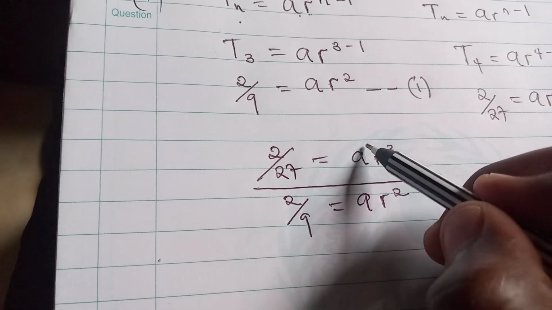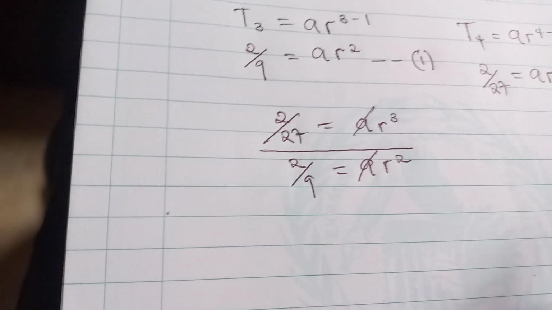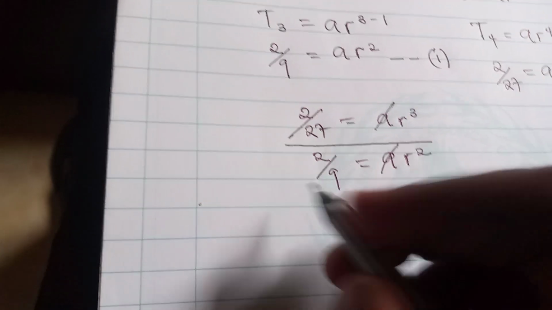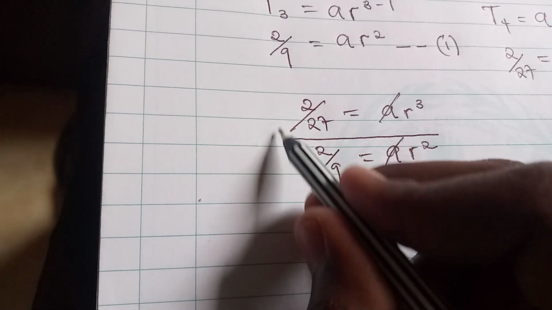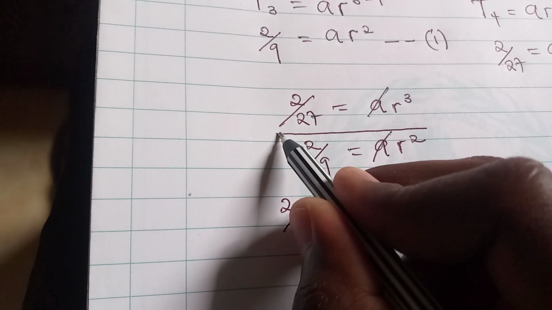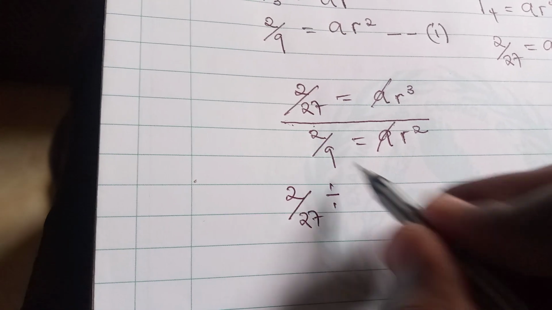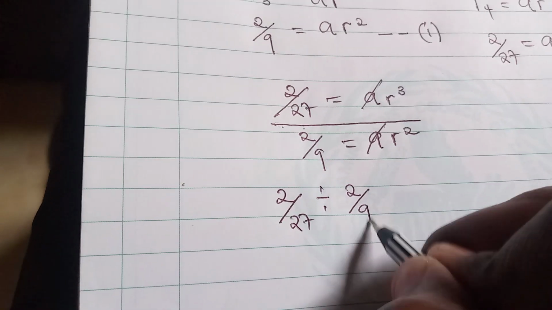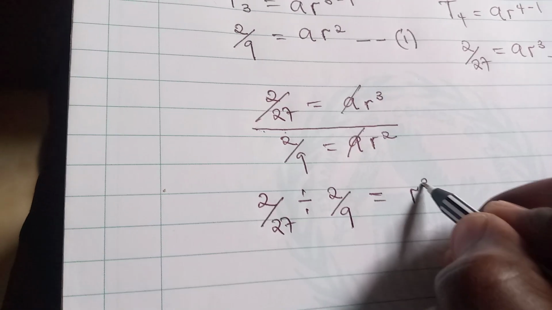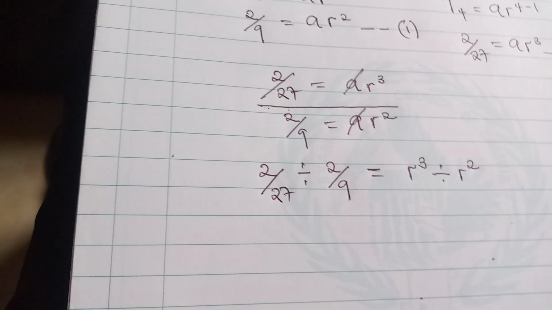The a and a cancel each other. Here you are dividing, so you put a division symbol there: 2 over 27 divided by 2 over 9 is equals to r to power 3 divided by r to power 2.